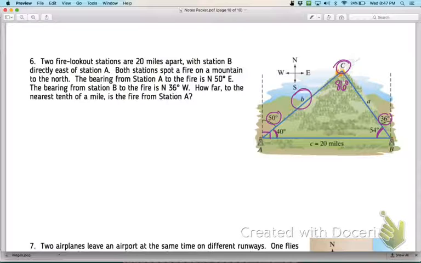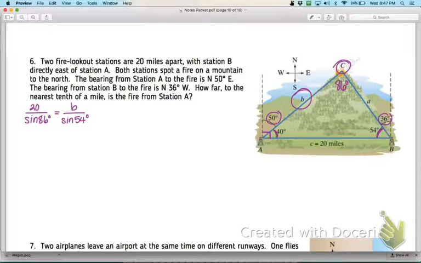So we can use the law of sines. We don't need to find A. They've only asked us about side B. So we know that we have 20 over the sine of 86 degrees, and that is going to be equal to side B over the sine of 54 degrees.